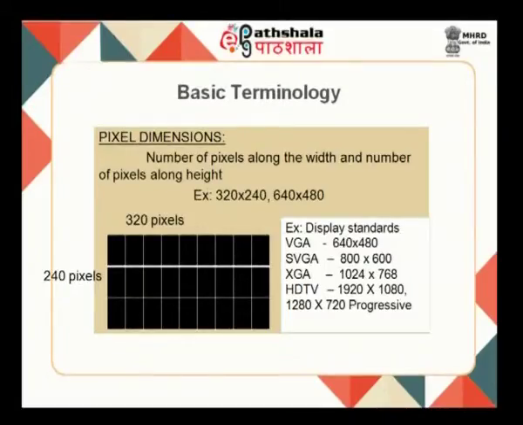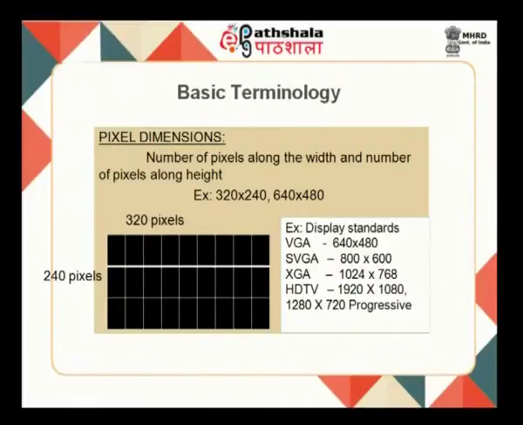It is important that you understand that for 640 by 480, or 320 by 240, the 320 indicates the number of pixels along the width and 240 indicates the number of pixels along the height. For a rectangular display, generally the number on the left side will be more and the number on the right side will be less, indicating that it is a rectangular display.